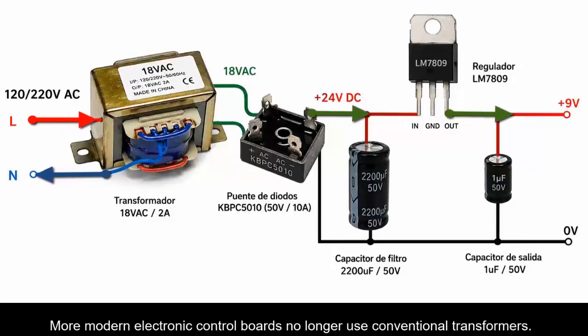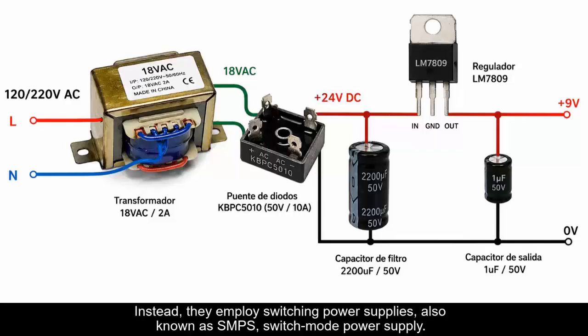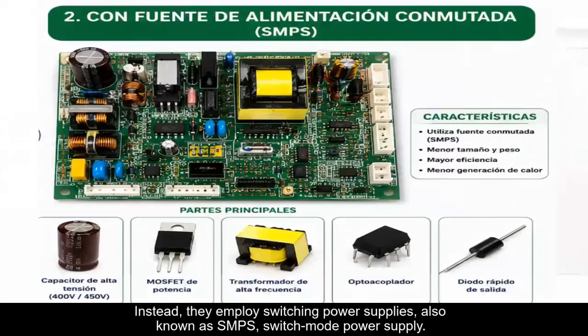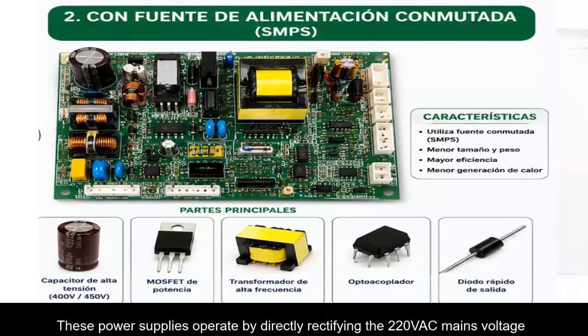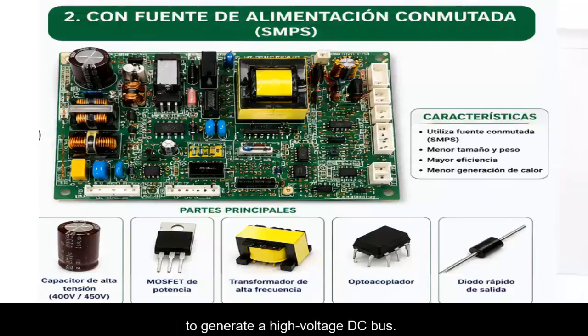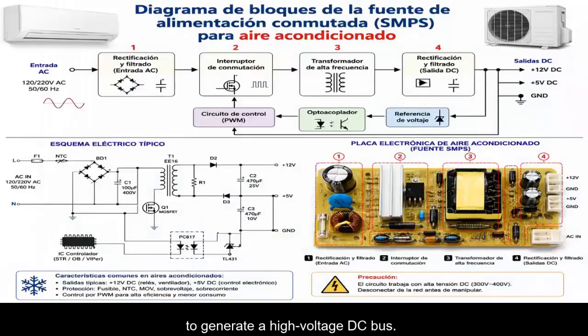Electronic control boards with switching power supplies. More modern electronic control boards no longer use conventional transformers. Instead, they employ switching power supplies, also known as SMPS, switch mode power supply. These power supplies operate by directly rectifying the 220 VAC mains voltage to generate a high voltage DC bus.